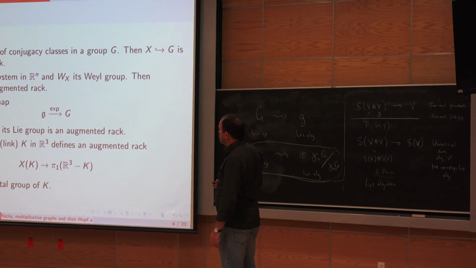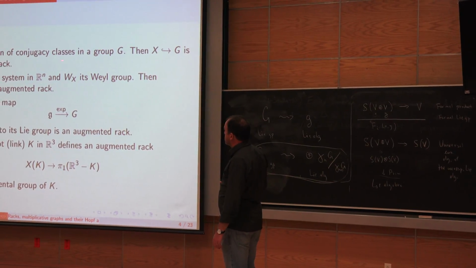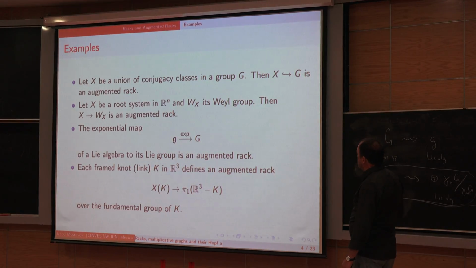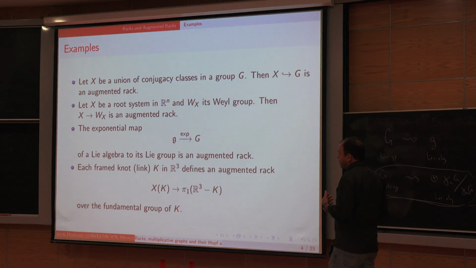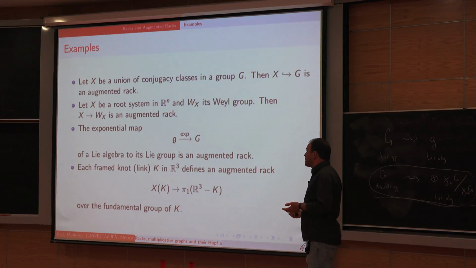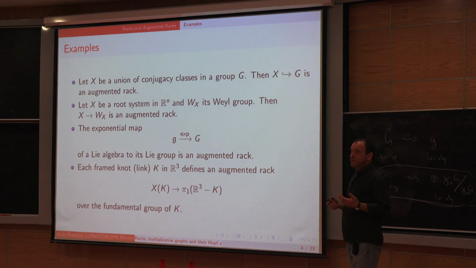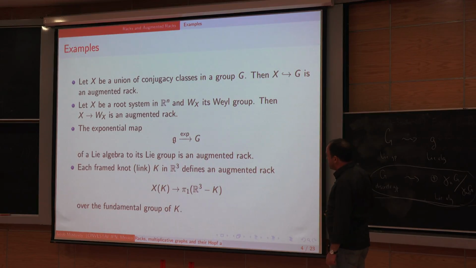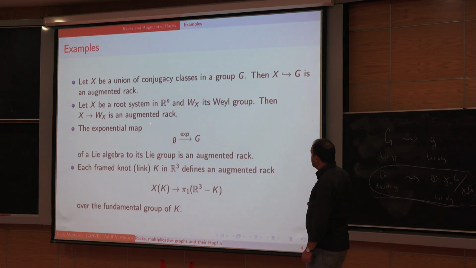So, okay, the first example, of course, are the conjugacy classes in a group. Then the second example is quite good, but nobody ever uses it as an example of racks because, well, you don't really need it somehow. You don't need to consider a root system as a rack. Well, how does it work?